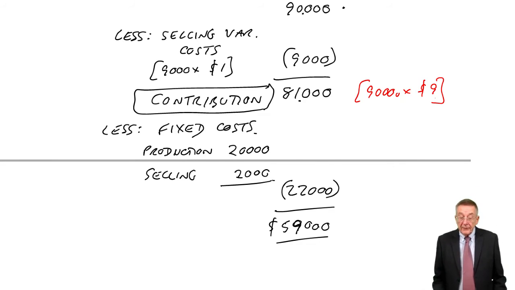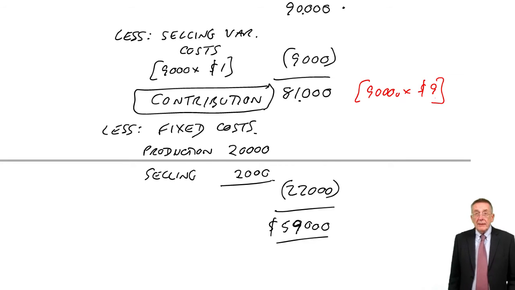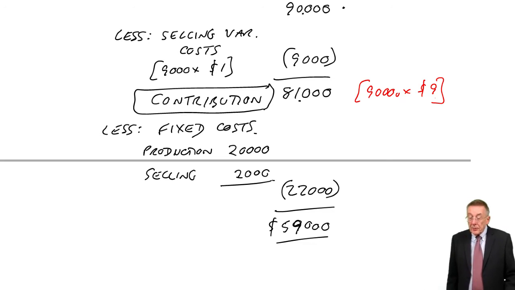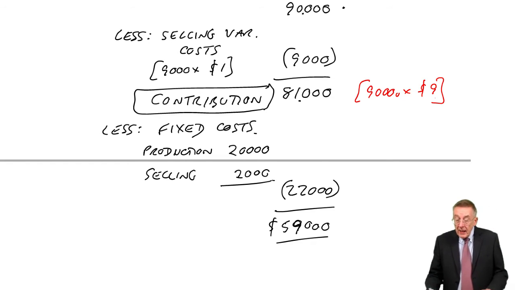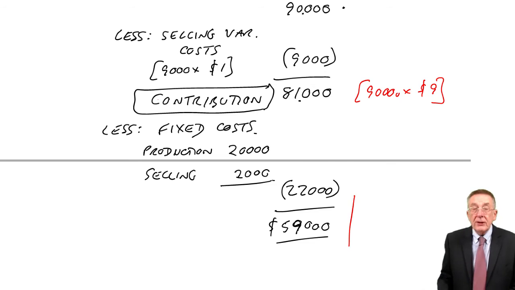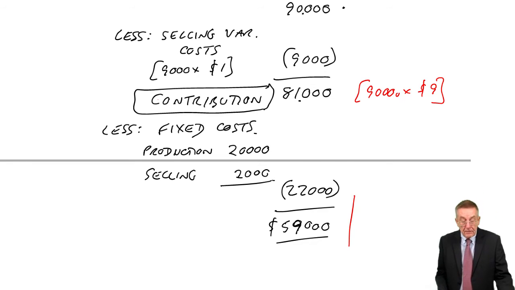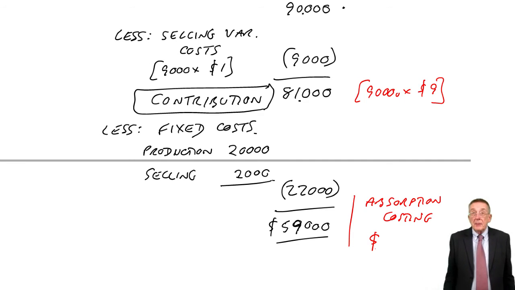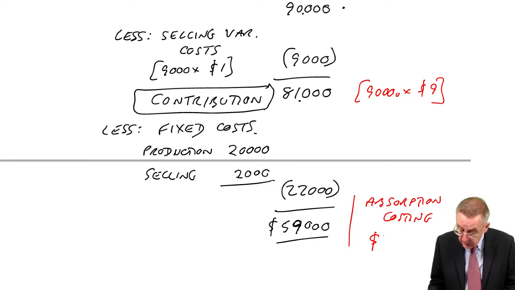But before we quickly look at February, you may have noticed one little problem. We've got a profit there of 59,000. But if you look back to what we did in the previous chapter, chapter 9, when we used absorption costing, we got a profit of 63,000.